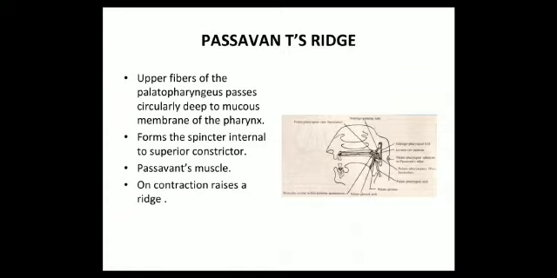When the soft palate is elevated, it comes in contact with this ridge, the two together closing the pharyngeal isthmus between the nasopharynx and the oropharynx. So, that is how the soft palate acts as a traffic police. When the food is entering the oral cavity, it closes the nasal cavity.